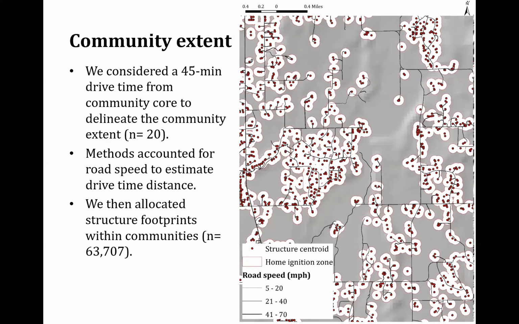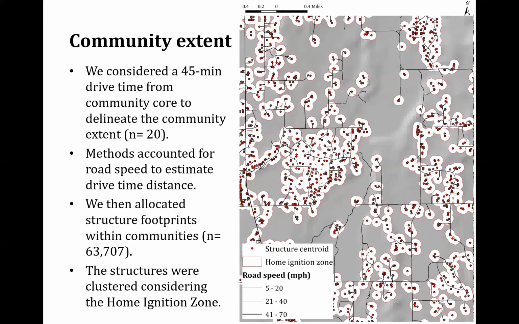Then we allocated structure footprints within communities. We used footprint centroids. This information is available now in OpenStreetMap as well as Microsoft Footprints. And we got 63,707 structures in the 20 communities plus the gaps in between communities, some few gaps.